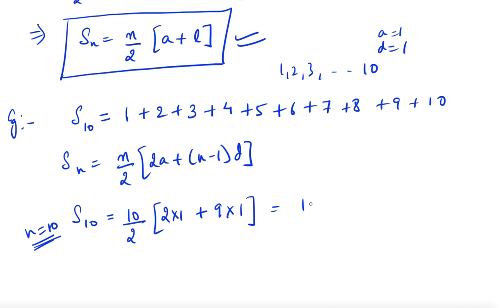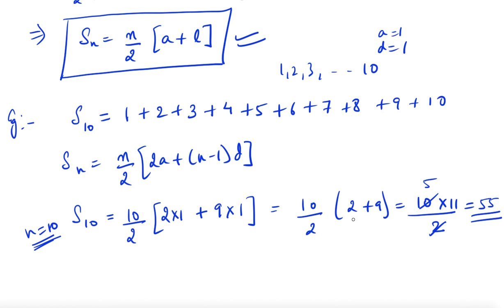So let me see what we get: 10 by 2 into (2 plus 9), which is equal to 10 into 11 by 2, which is equal to 55. So the sum of the given series is 55. You can add them and check whether you are correct or not.